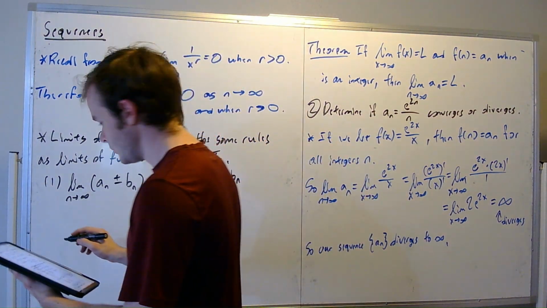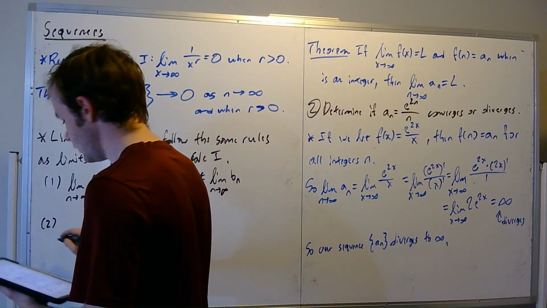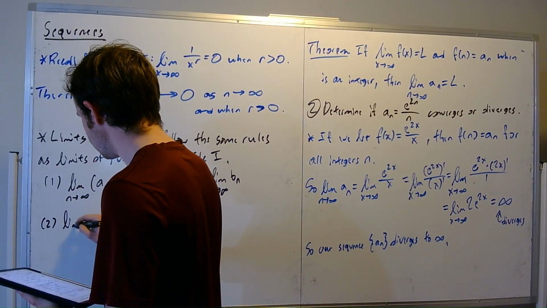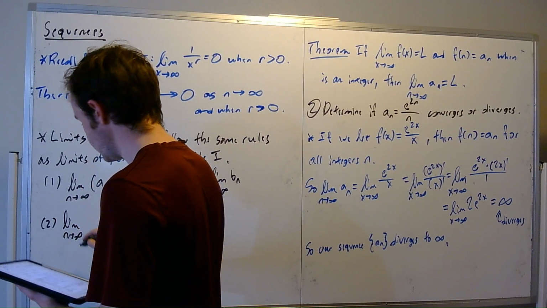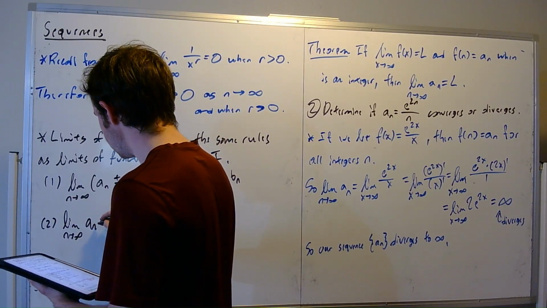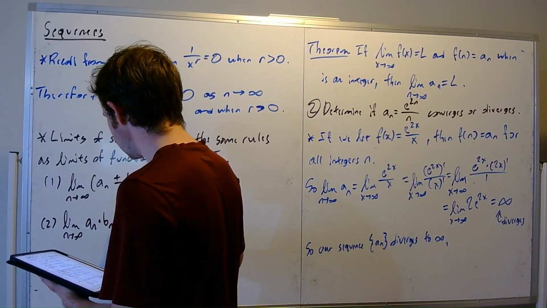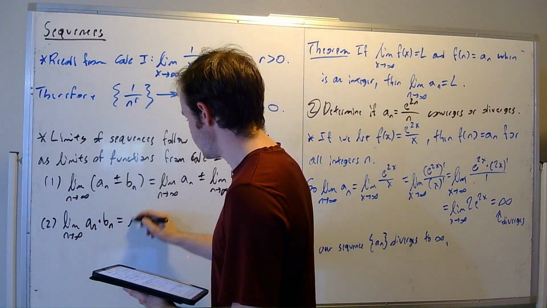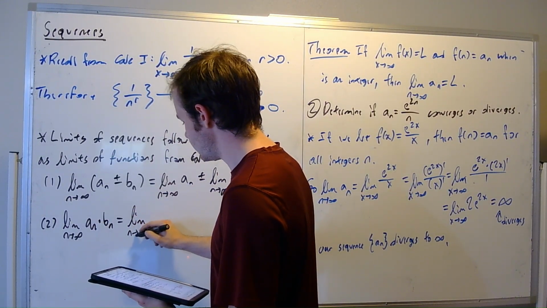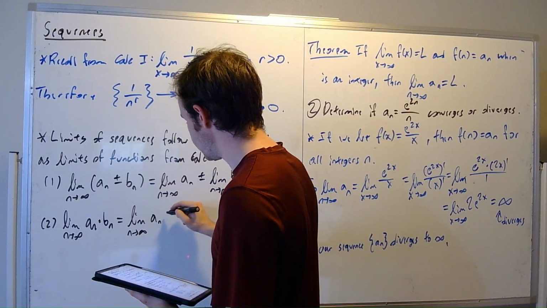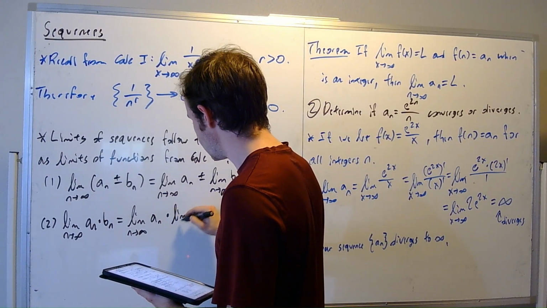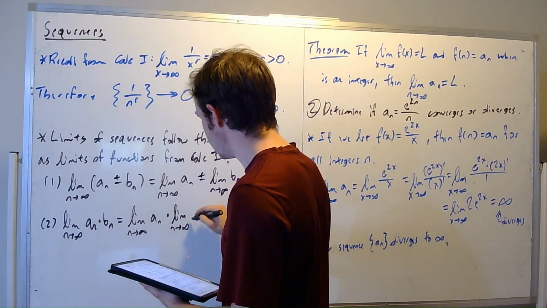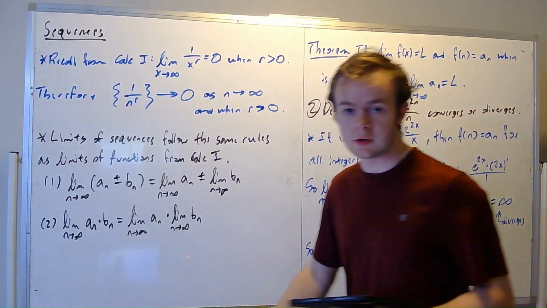For number 2, if we have the limit as n goes to infinity of an times bn, then this is equal to, as you can guess, the limit as n goes to infinity of an times the limit as n goes to infinity of bn. So you can just break it up like that.